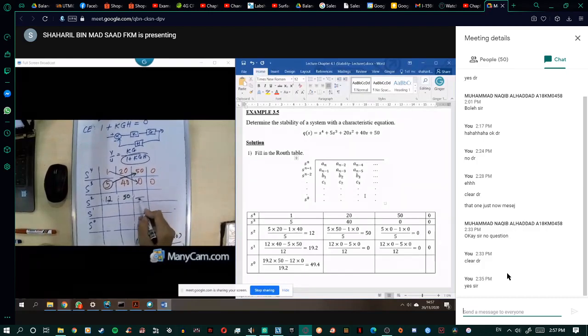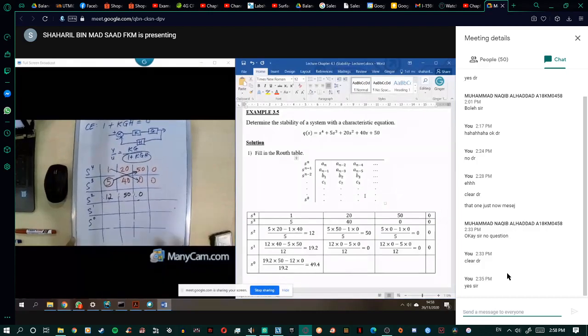Another one, divide by 5 also, only the first column: 5 times 0 minus 1 times 0, so you get 0. We are done. Do you understand this part?